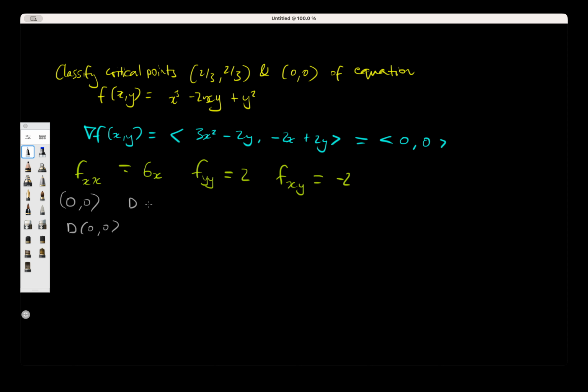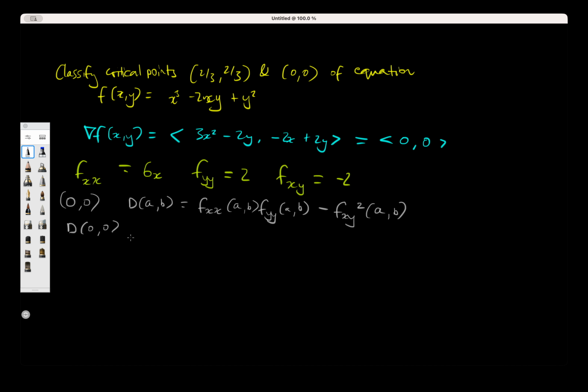The discriminant at the critical point (a, b) equals f x x at (a, b) times f y y at (a, b), subtract f x y squared at (a, b).